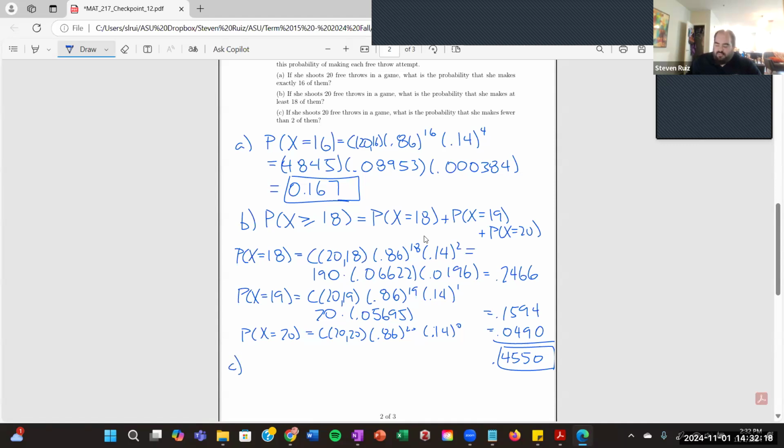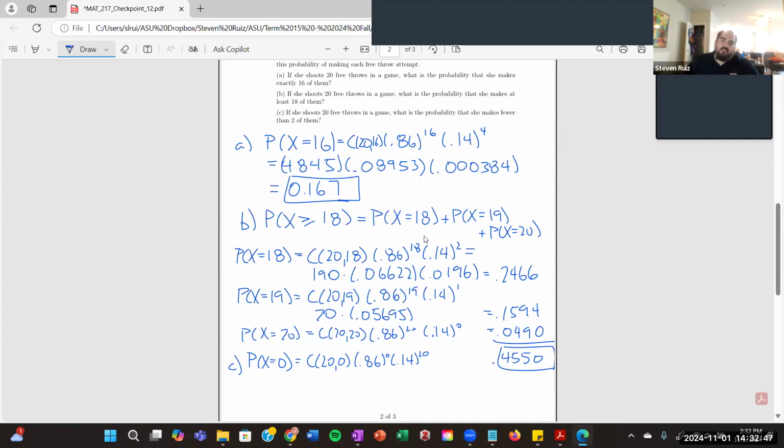All right, and then finally, part C. What are the chances she makes fewer than two? So what does fewer than two mean? It means basically 0 or 1. So let's find those probabilities. What's the probability that she makes 0 out of 20? That'll be 20 choose 0 times 0.86 to the 0 times 0.14 to the 20.